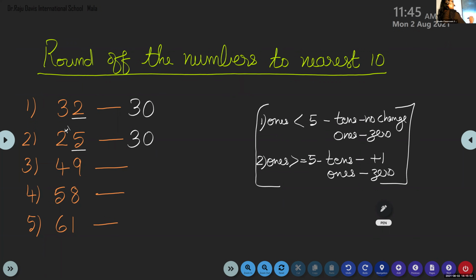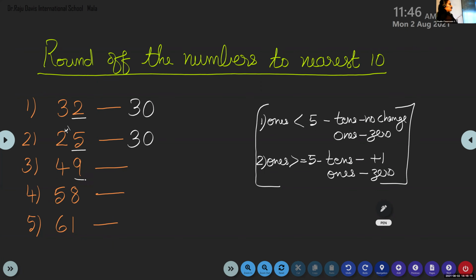Now who is unmuted? Okay, let me ask you, Santino. Third one. First, underline 9, the ones place number.